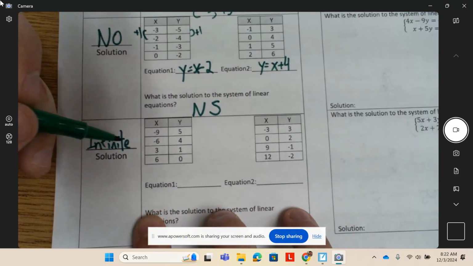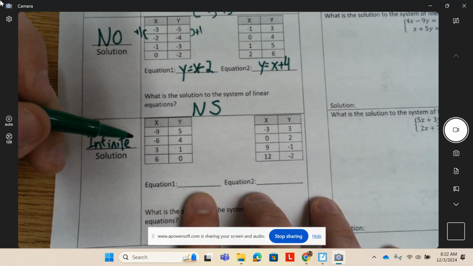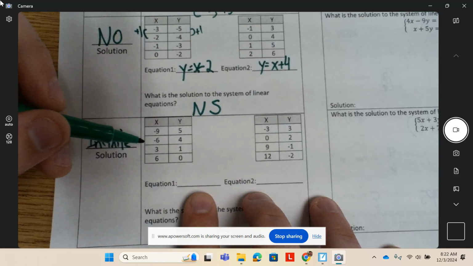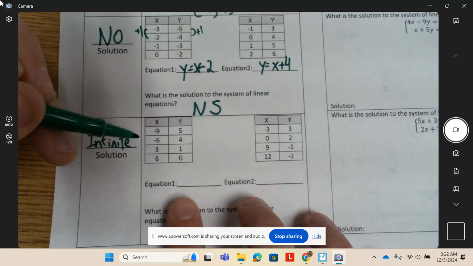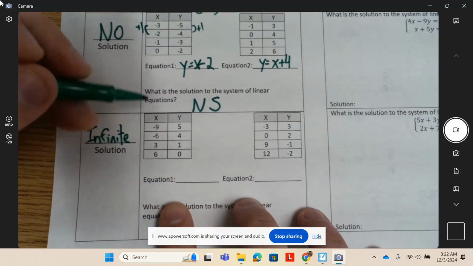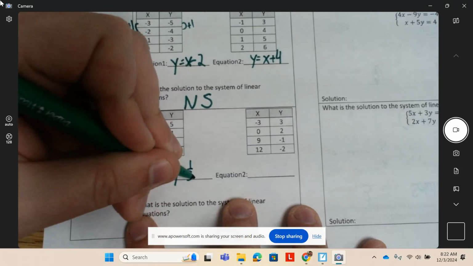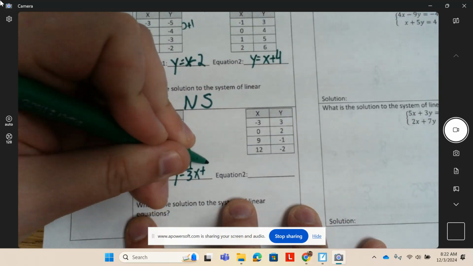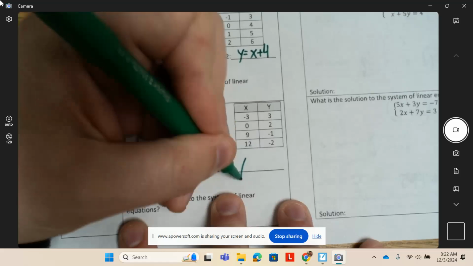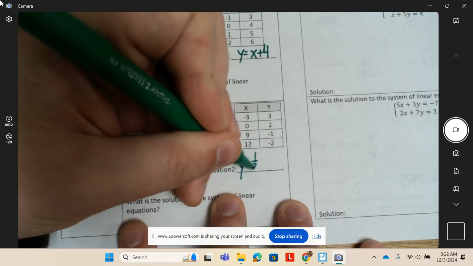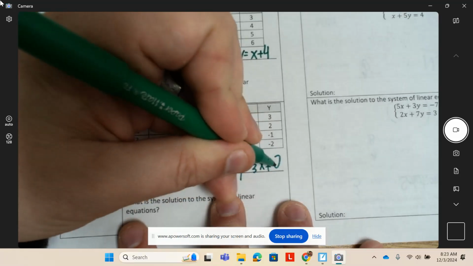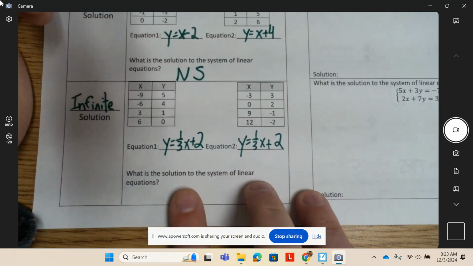And those infinite solutions would be that I've got these tables. If I put them in, figure out my slope and everything, you end up with y equals 1/3 x plus 2. And we actually end up with the same thing, 1/3 x plus 2, for my second equation.